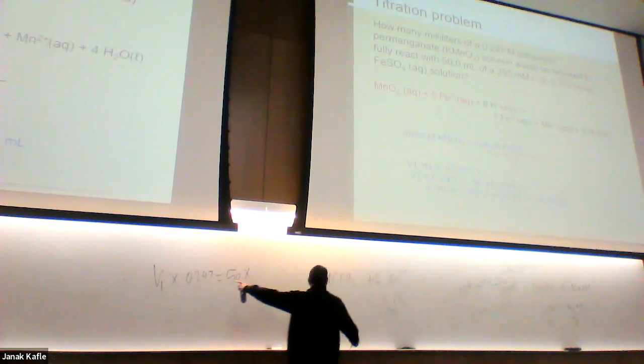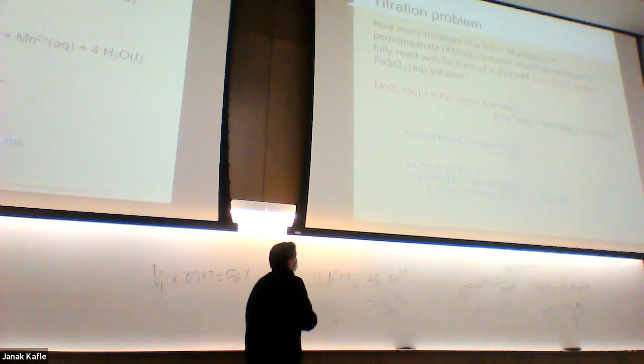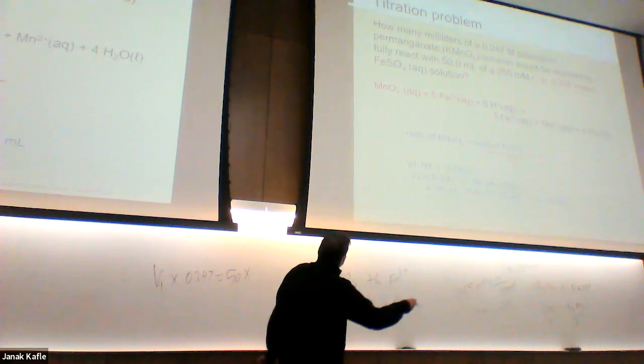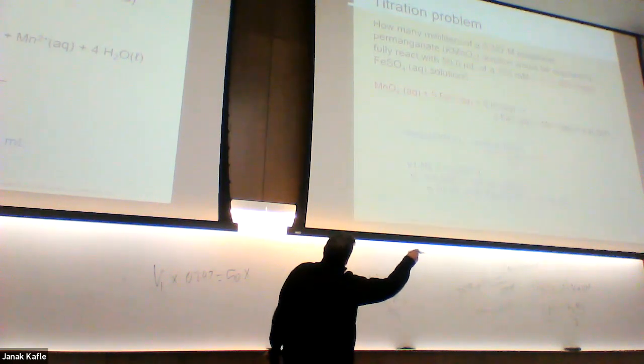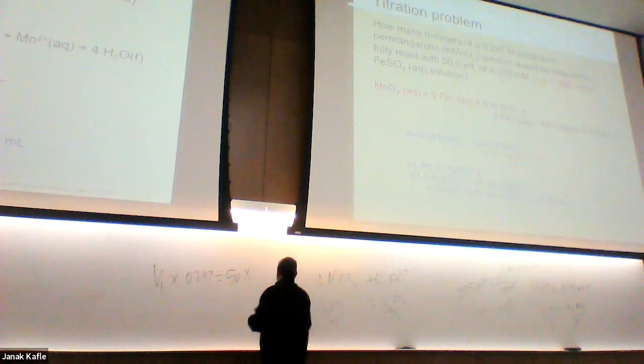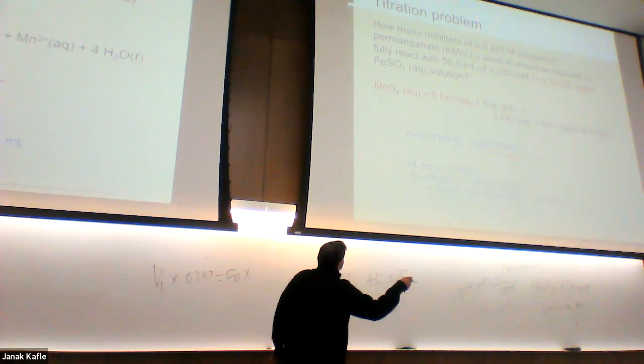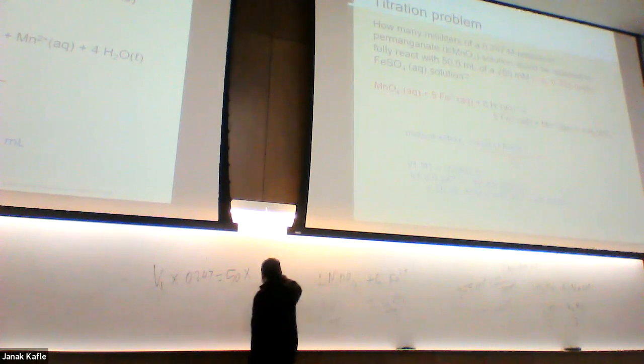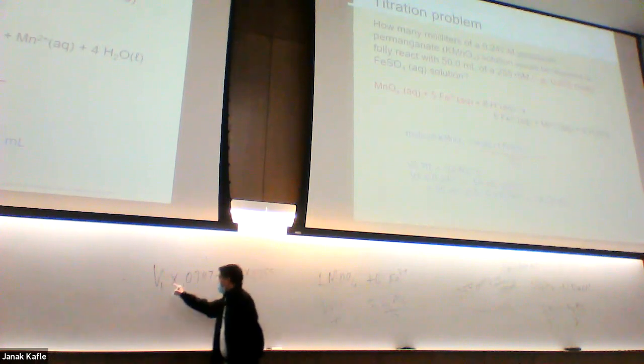So I have already written the left part. Now the right part is V2. What is the volume of the iron sulfate? That's 50. And the molarity of the iron sulfate is 255 millimolar, which is 0.255 molar. Now I need to calculate this value.